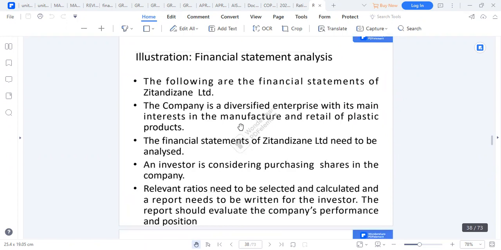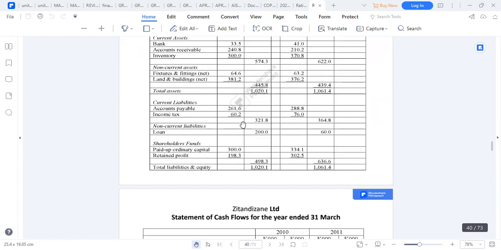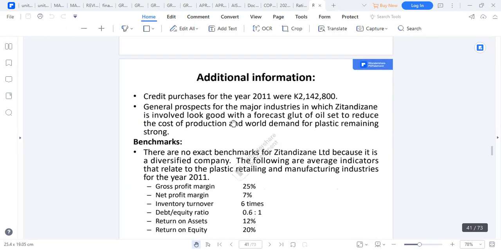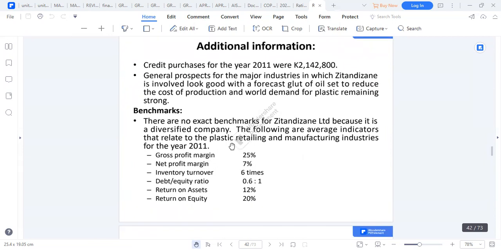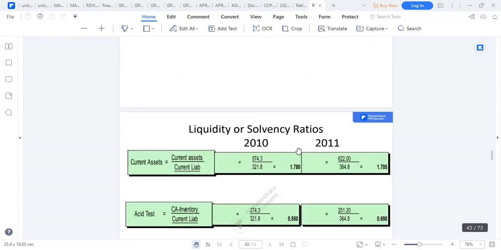I'll send the question and the solution so that you take time based on what I have explained and how the analysis was done, where we're given the income statement, the balance sheet and the cash flow statement. Here we're asked to make an analysis based on the benchmarks and also the internal interpretations. So we're asked to critically analyze the financial performance and write a report on behalf of the board on the position.